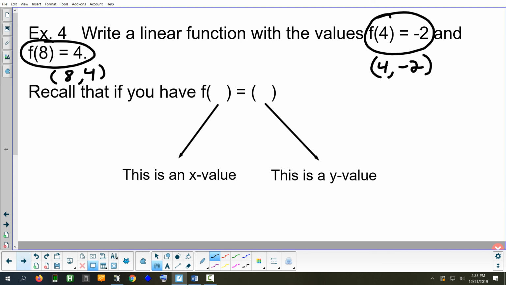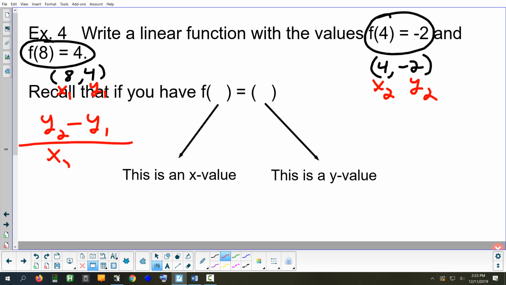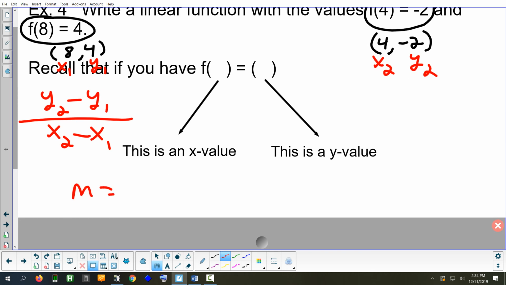You need the slope. Let's call this x1, y1, x2, y2. Don't forget your formula: y2 minus y1 over x2 minus x1. So, let's find our slope.